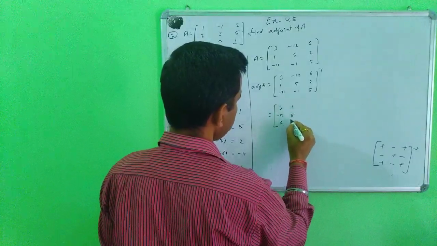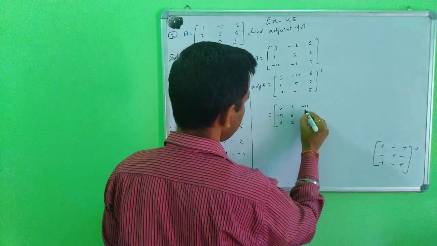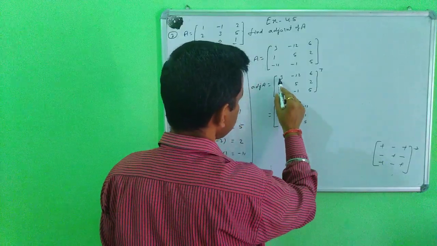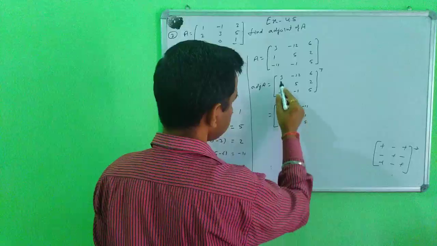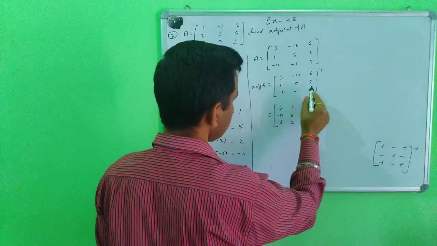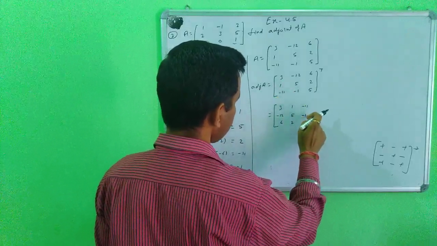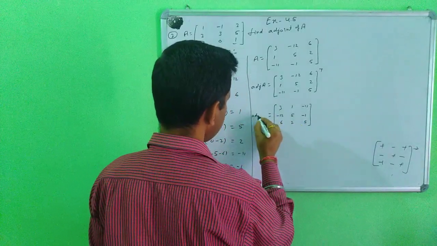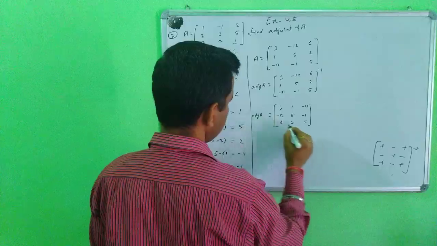First row converts into first column, second row into second column, and minus 11 minus 1 and 5 into the third column. This is your adjoint A. This is your answer.